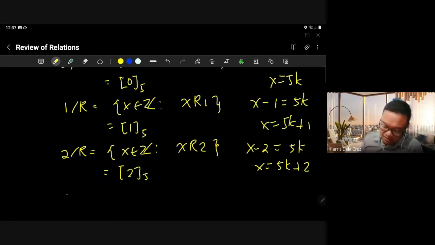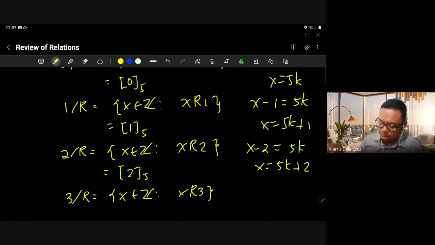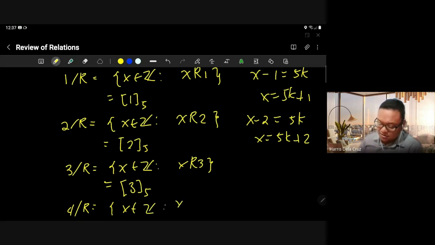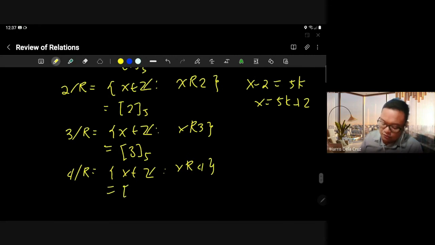Following the same argument, we have 3 over R equals all x element of Z such that x is related to 3, which is nothing but 3 bracket 5. And 4 over R is equal to all x element of Z such that x is related to 4, which is nothing but 4 bracket 5.